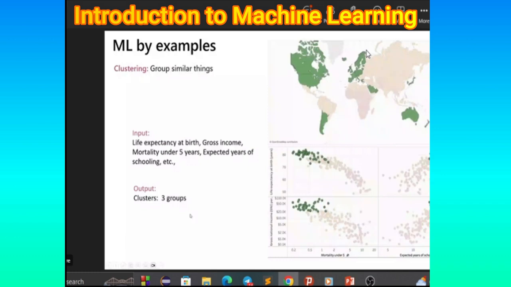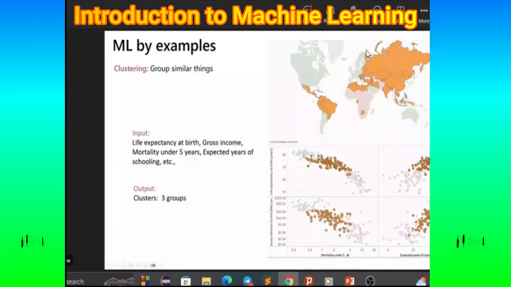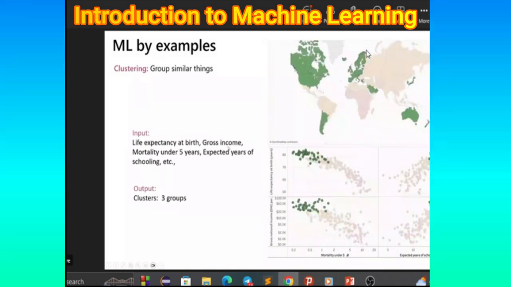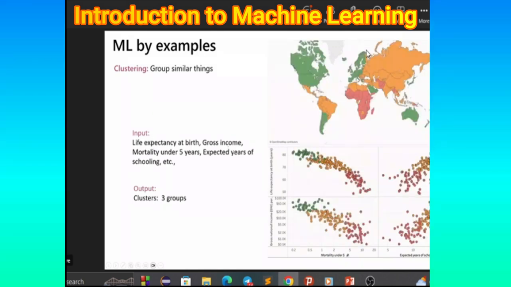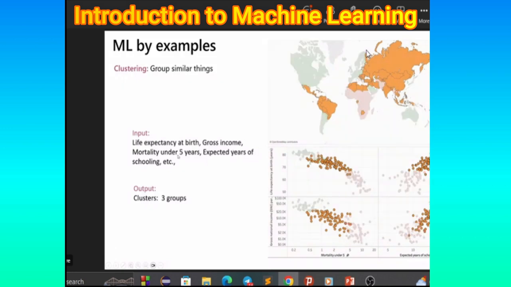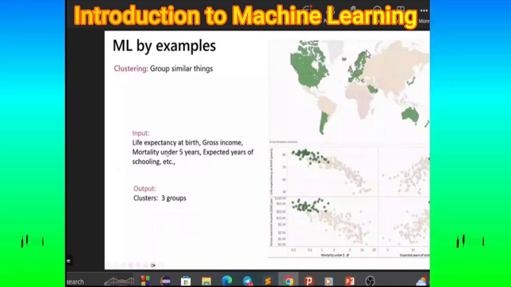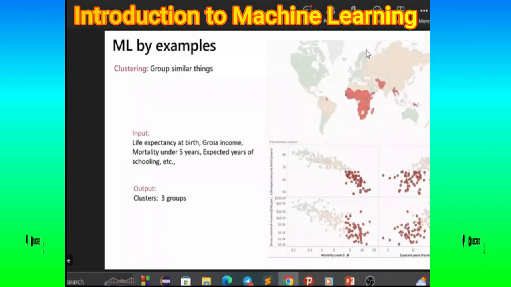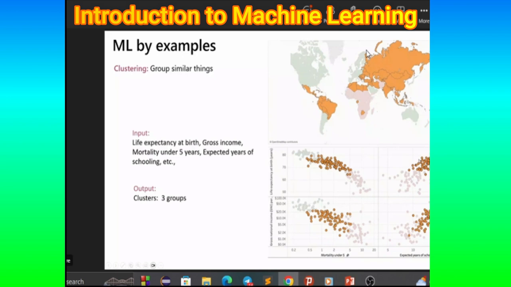Let's say the input data is life expectancy at birth, gross income, mortality under 5 years, and expected years of schooling, etc. Using this input data, we could create a cluster of three groups, and these three groups can be seen as developed, developing, and underdeveloped.